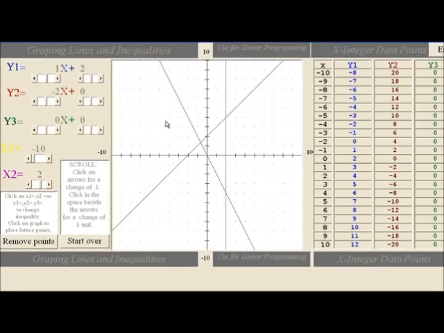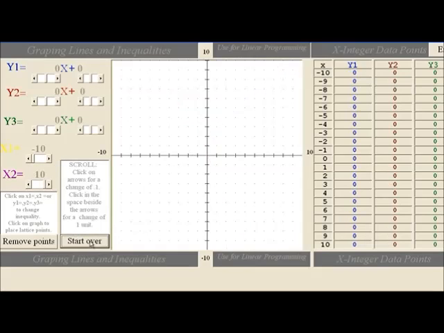So this is the utility which I call linear patterns, and you can use it to dynamically teach the changing of an equation with the change of a coefficient or of the y-intercept, or horizontal or vertical lines. Let's start all over again and say we were teaching the line y equals 4. See, there's the line y equals 4.